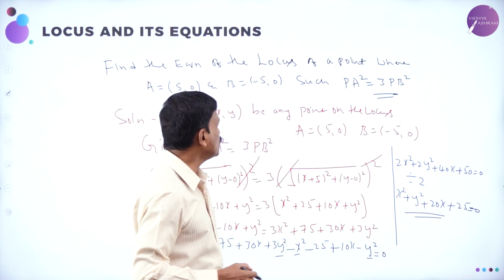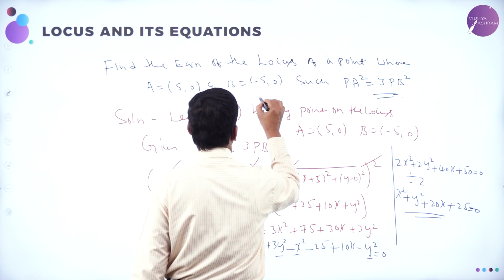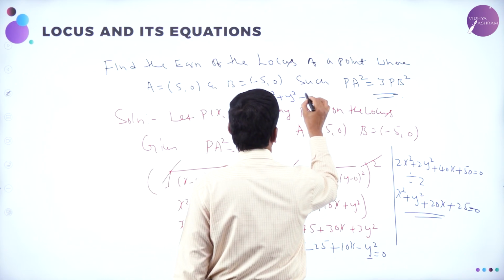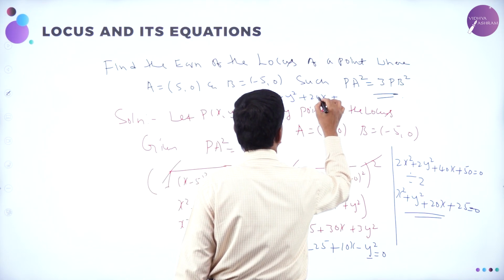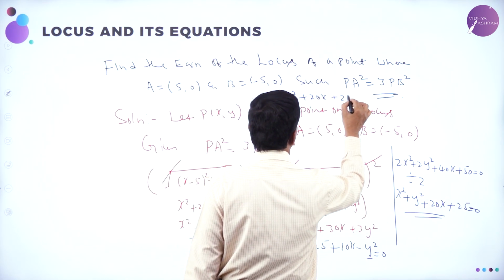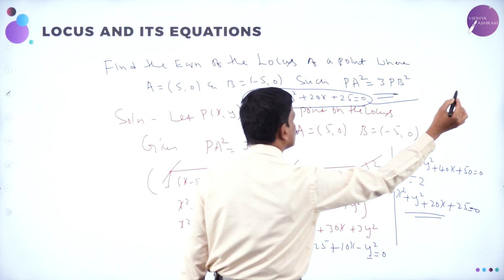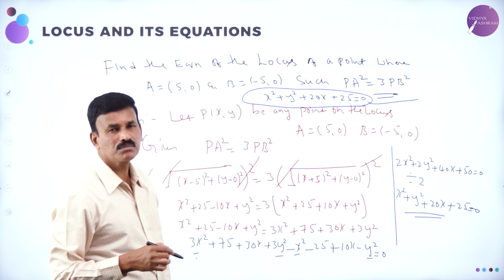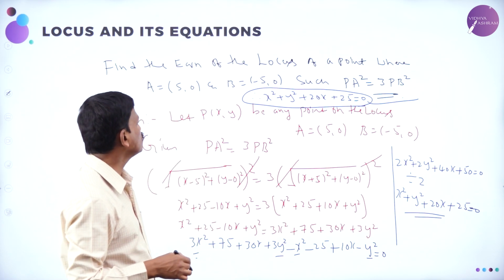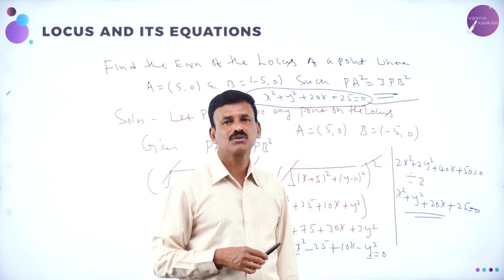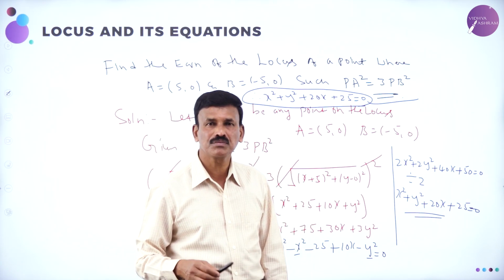Therefore, the required equation of the locus is x² + y² + 20x + 25 = 0, given that PA² = 3 PB². Hope you followed all the problems.